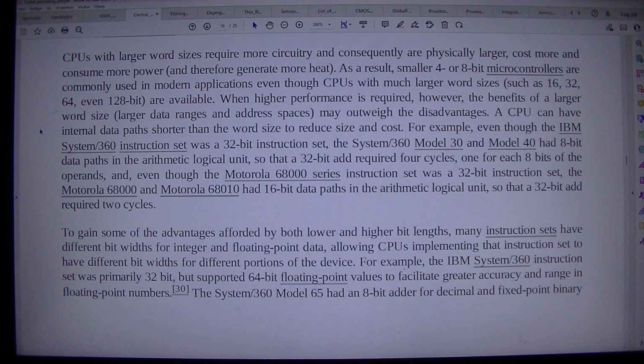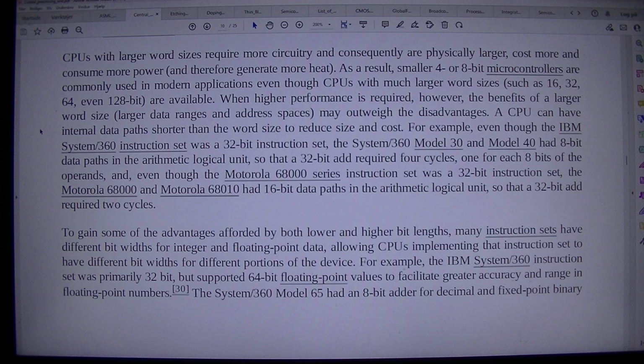To gain some of the advantages afforded by both lower and higher bit lengths, many instruction sets have different bit widths for integer and floating point data, allowing CPUs implementing that instruction set to have different bit widths for different portions of the device.